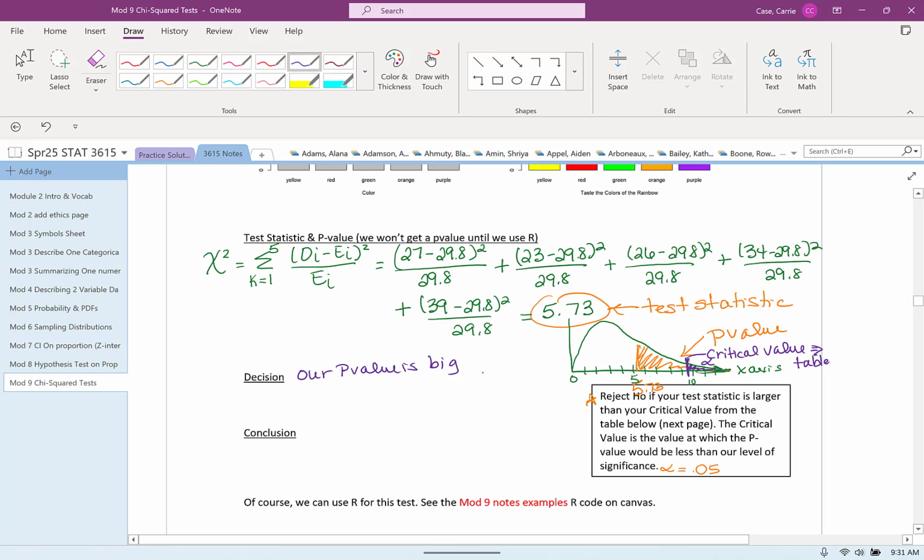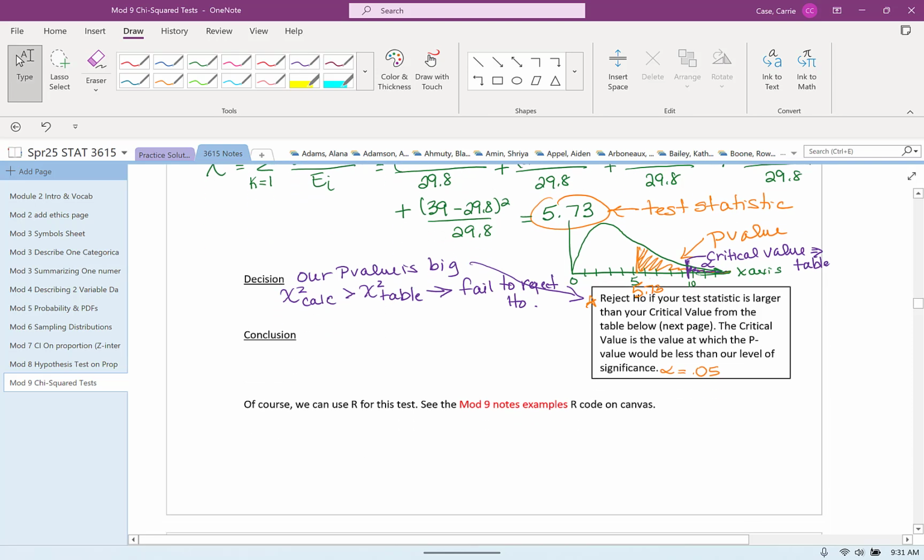The rule is over here. This is the rule we're going to use. If chi-squared calculated, or test statistic, is not bigger than the chi-squared from the table, then you fail to reject Ho. And remember, when we fail to reject Ho, there is not evidence for Ha.